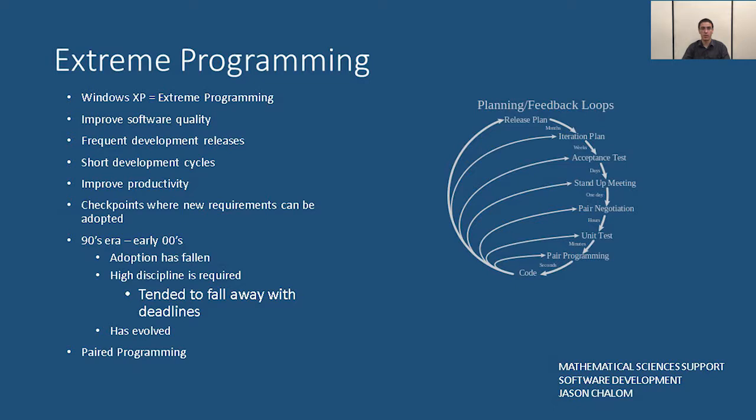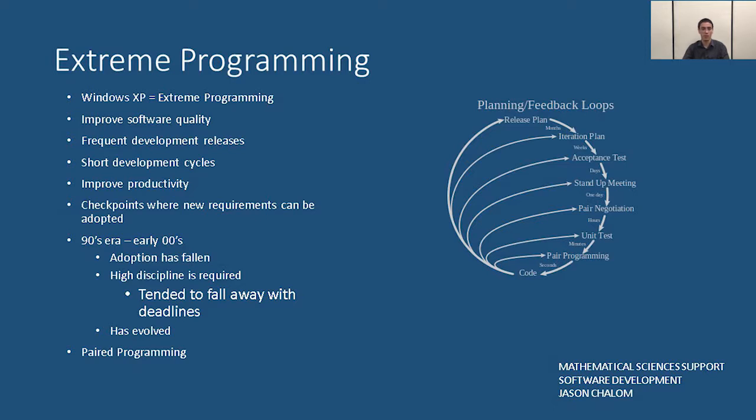Extreme programming is another model under the Agile umbrella. Windows XP was Microsoft's experiment into extreme programming. It requires immense discipline and very rigid planning. It can be very daunting, and it has tended to fall away with the deadlines of internet deployment of software because of how much work is required to use the extreme programming model.